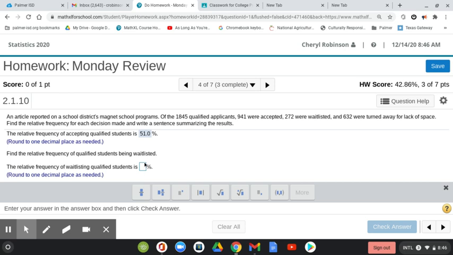So for instance, the weight listed were 272, so you take 272 divided by 1845 times 100, and I have 14.7425. So there's your percentage already out there for you. And 7 stays.